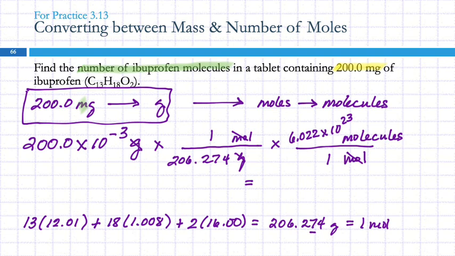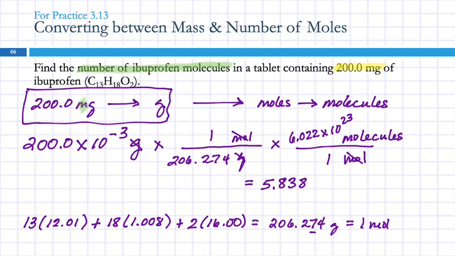How many sig figs should this have? Well, how many does our starting number have? 4. And Avogadro's number has 4. This is not exact. And the molar mass will always, if you do it right, have 4 or more, so you can just ignore that. So we're going to go with 4.